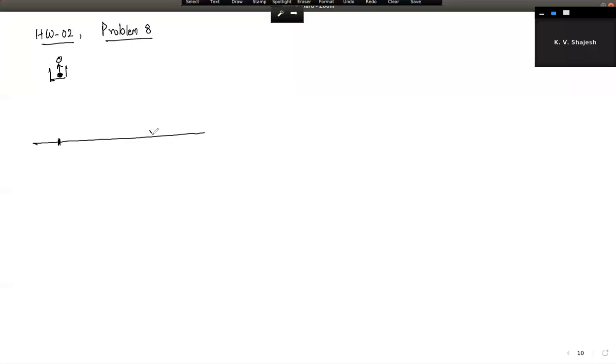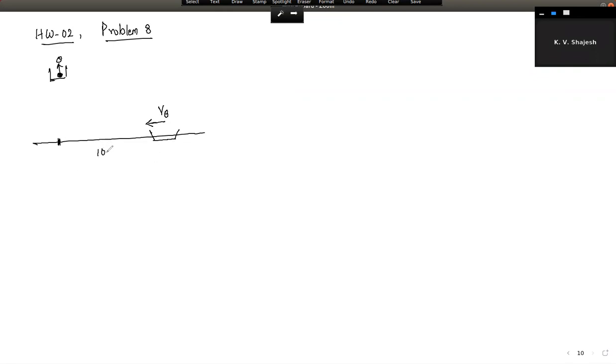There is a boat traveling towards the bridge, and let's say that's the velocity of the boat, and that's going with uniform velocity, so it keeps going at the same speed.